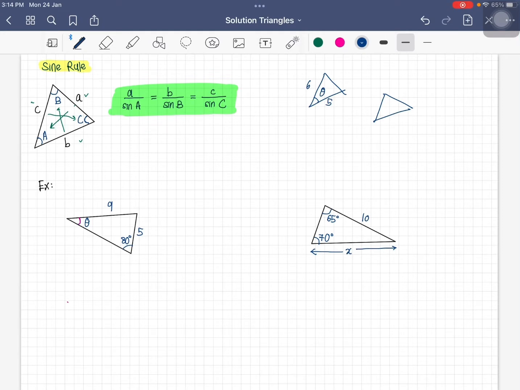Suppose we have something like this, and we need to find theta. Since we want to find theta, we start with sine of theta divided by the length opposite it, which is 5.